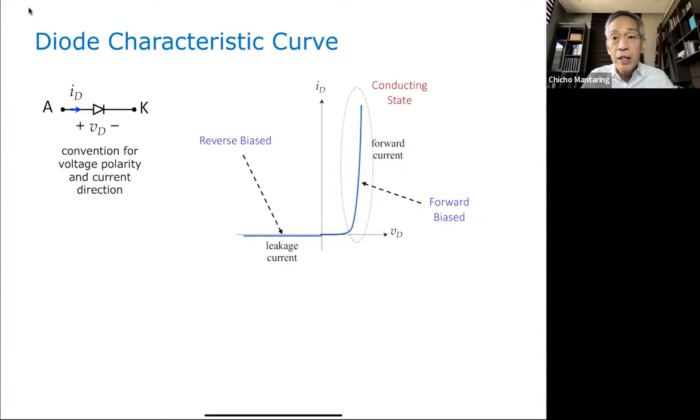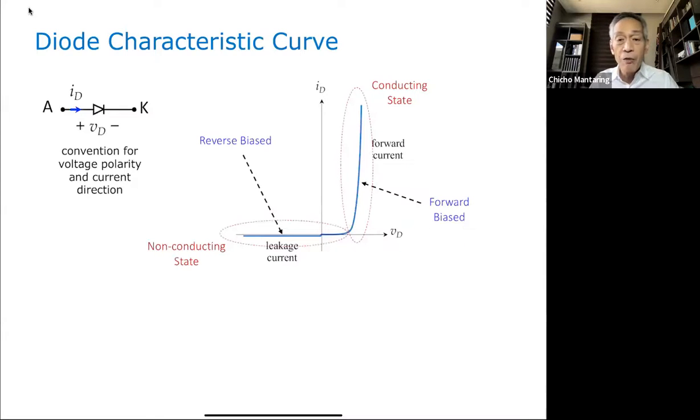There's another way of describing the regions of operation of a diode, and that is, this is what we call its conducting state, and this is what we call its non-conducting state. So again, we're talking about two ways of describing its region of operation.